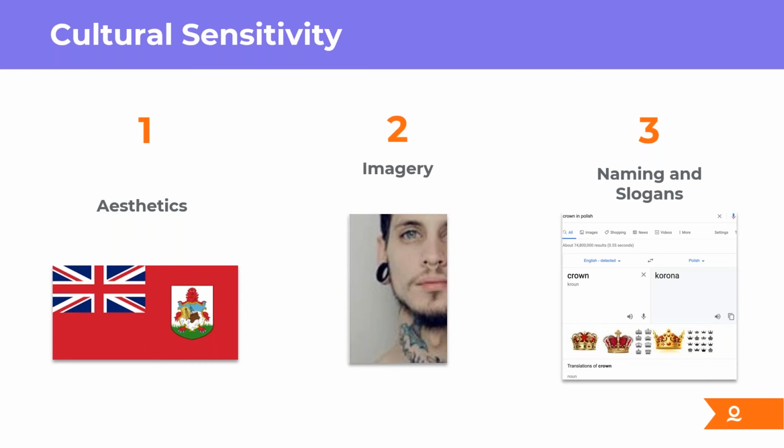As we gave them that feedback, that concept would only work in English-speaking markets, because crown, if you translate it into a myriad of European Romance languages, is corona, the Latin for corona. Obviously a big faux pas, and something we managed to catch before any wider sloganeering was anticipated by the brand. So in conclusion, around this slide, when you're thinking about your audiences, also be culturally sensitive to how they might want to interact with your brand.